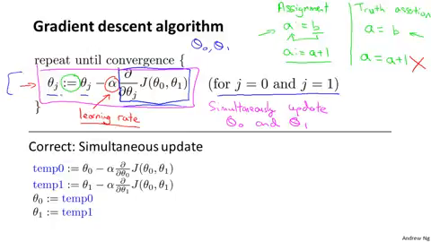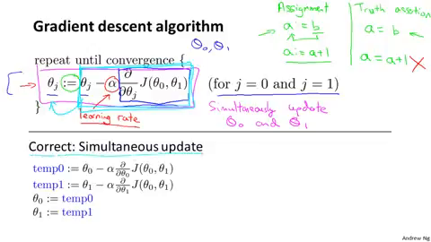What I mean by that is that in this equation, we're going to update theta 0 colon equals theta 0 minus something, and update theta 1 colon equals theta 1 minus something. And the way to implement this is you should compute the right-hand side, compute that thing for theta 0 and theta 1, and then simultaneously, at the same time, update theta 0 and theta 1. Okay? So let me say what I mean by that.